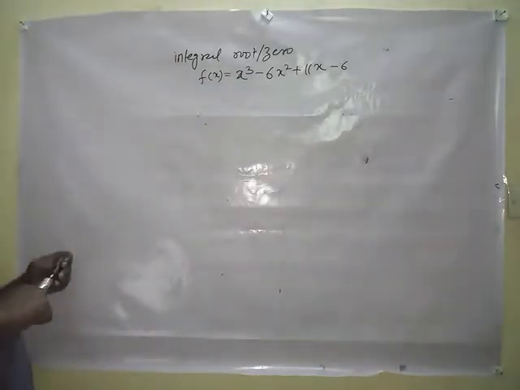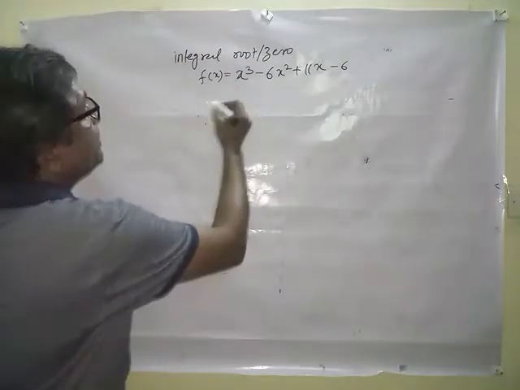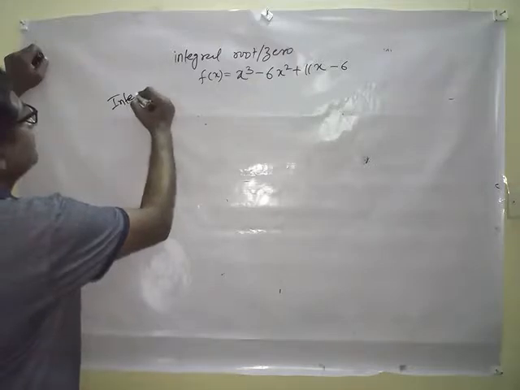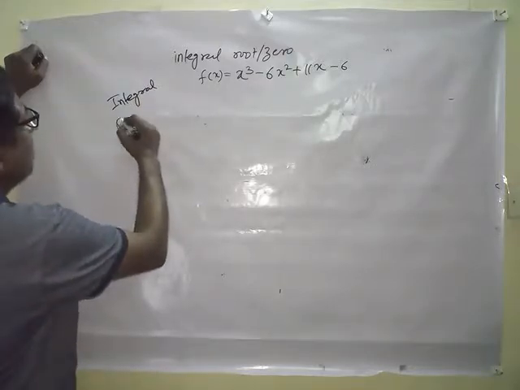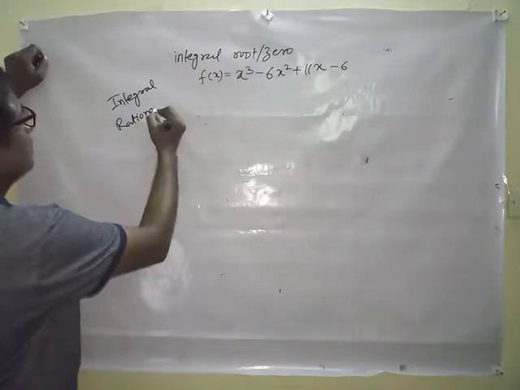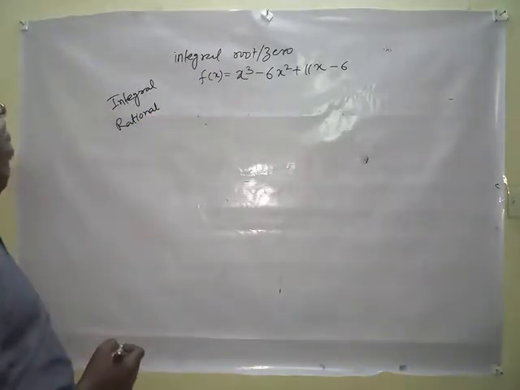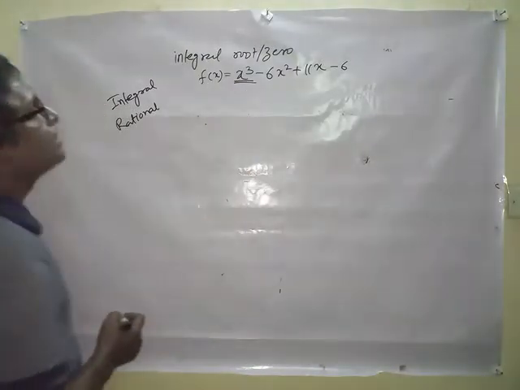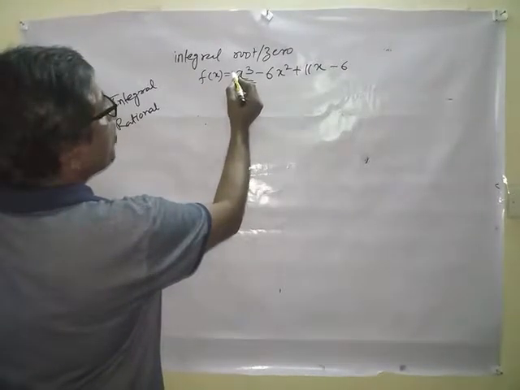We have seen the integral root theorem and we have seen another theorem which is known as the rational root theorem. Now we have to find out where the integral root theorem will be applicable and where the rational root theorem will be applicable. Is this integral or rational? The integral root theorem will be applicable only if the highest degree term has a coefficient of 1.